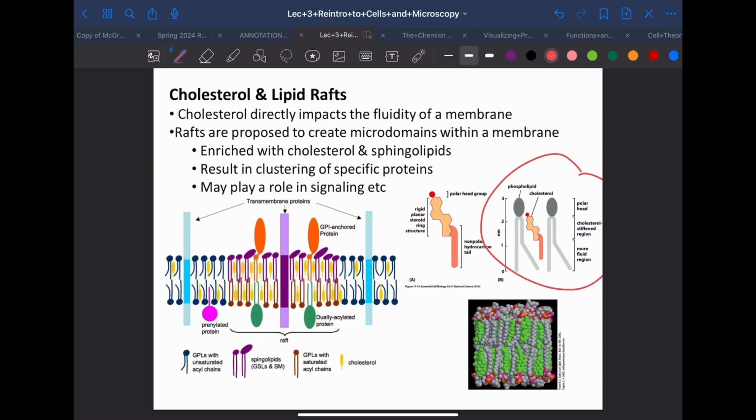Like a bunch of phospholipids together that has something attached to it, like either a sphingolipid or some other stuff, right? And it just floats around, right? What they think it's for is signaling purposes. But like I said, they don't really know if it even exists in living cells. They've only seen it outside, right?